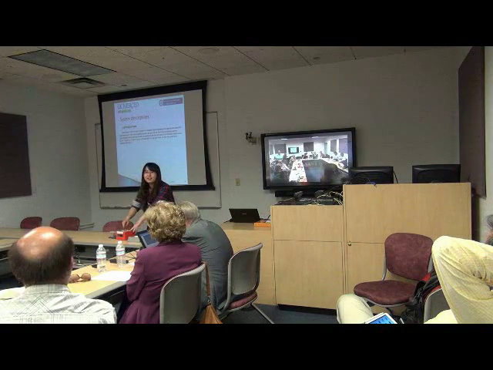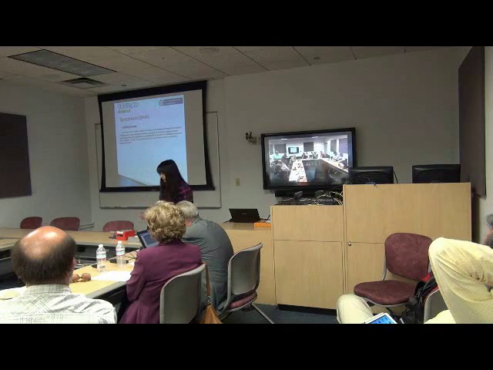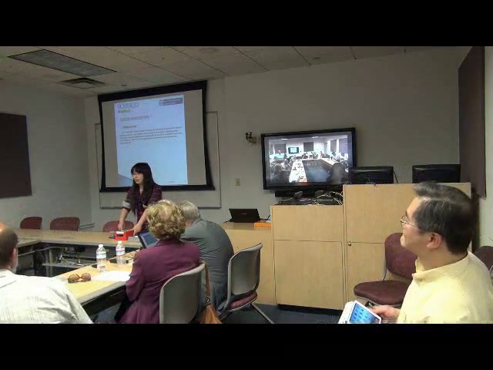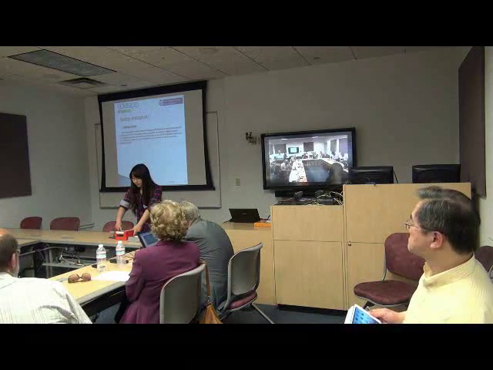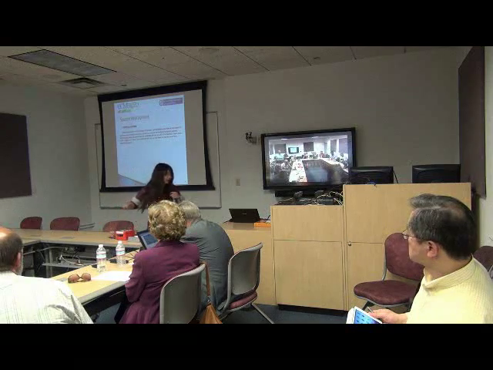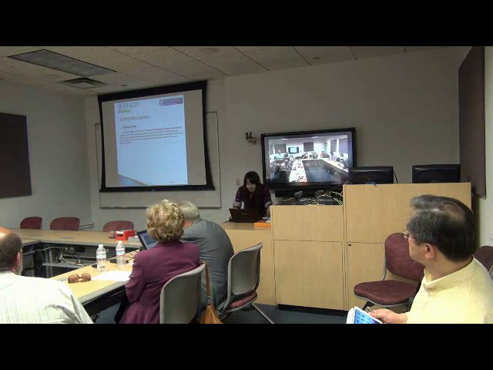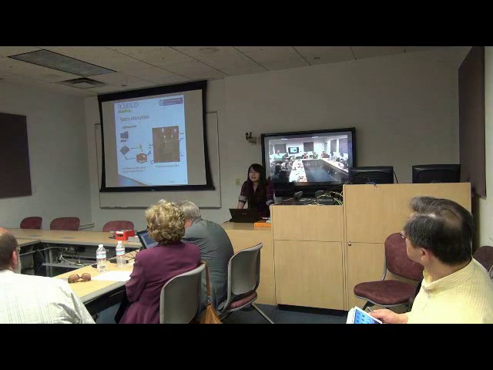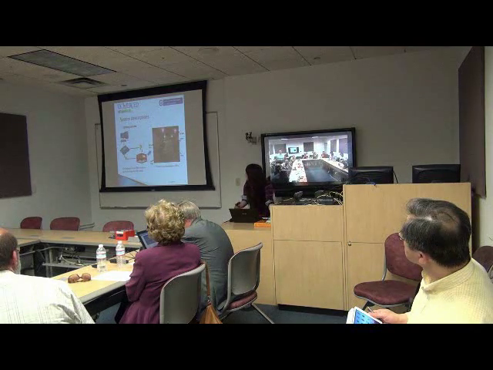So we built a small office. We call it the miniature office, and we have two light groups. This is the red light group, and I show a picture of it.